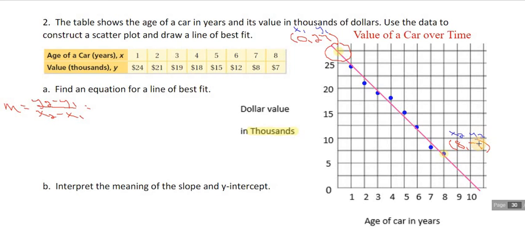So our y2 is 7 minus our y1 is 27 over x2 is 8 minus x1 is 0. So that's going to give us negative 20 over 8. And again, we've got a real life situation here. So when I do 20 divided by 8, that's going to give me negative 2.5. So my m is negative 2.5.